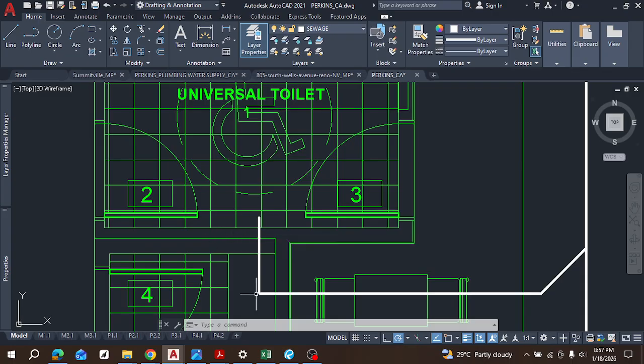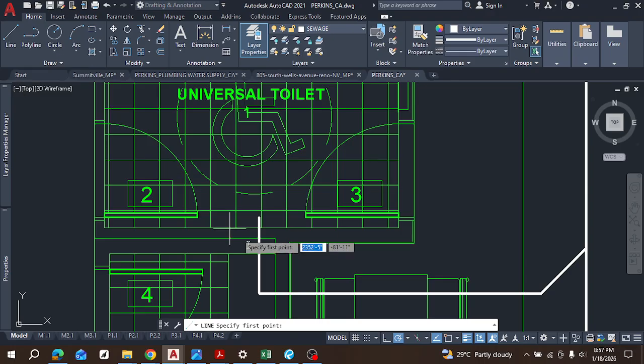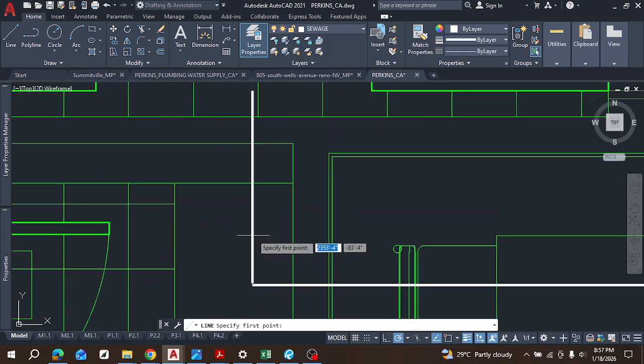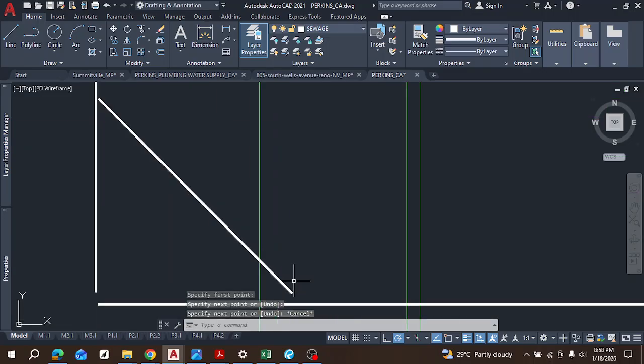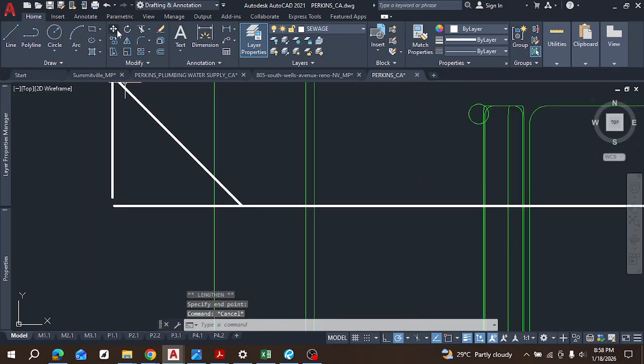I also didn't mind using this, although standard always it should be a 90 degrees or 45 degrees somewhere here. 45 degrees helps to give a better design, or a standard design. So now we trim this too.